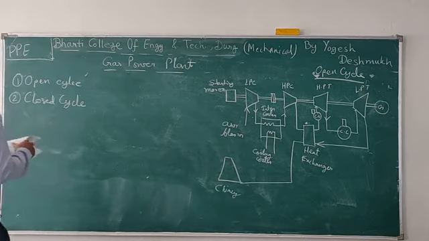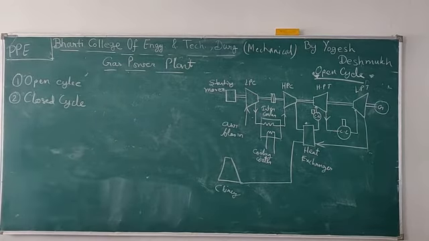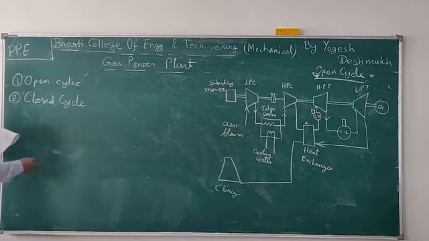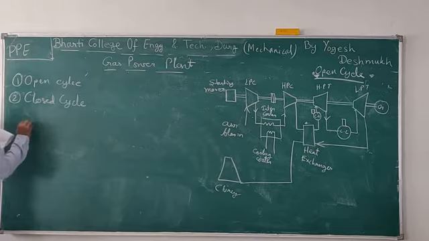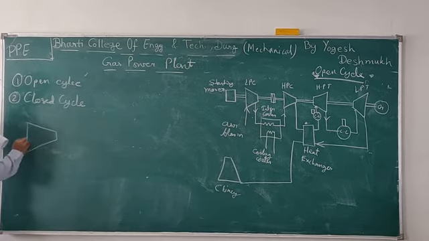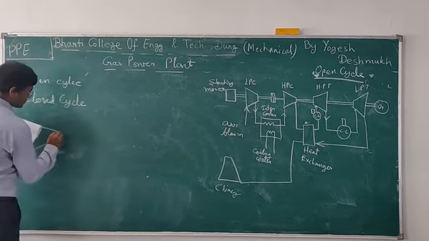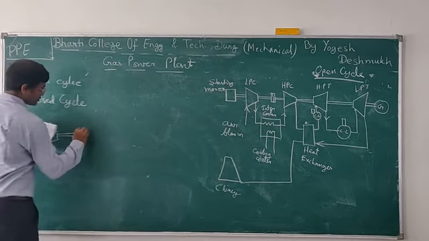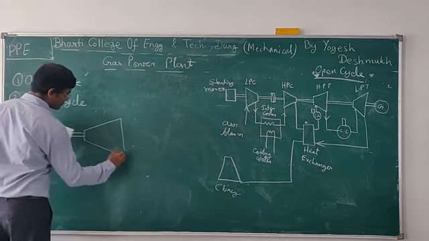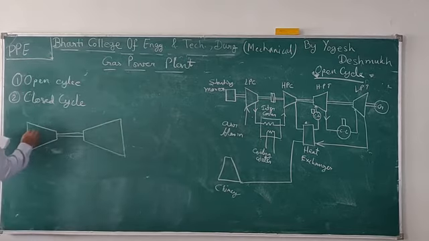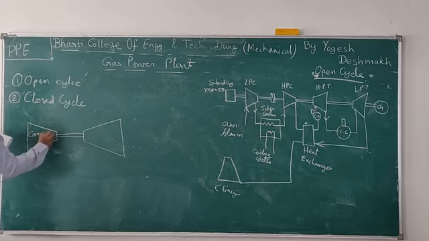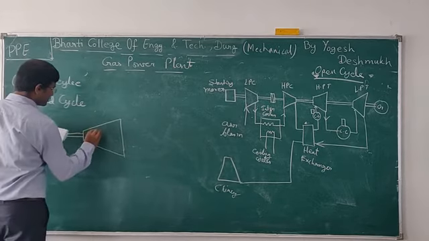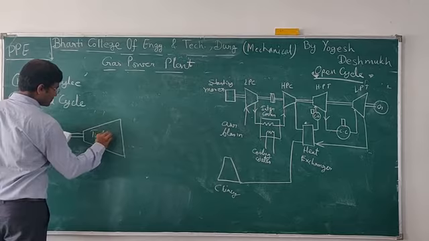Now we will learn how the closed cycle gas power plant works. This is the compressor and this is the turbine.